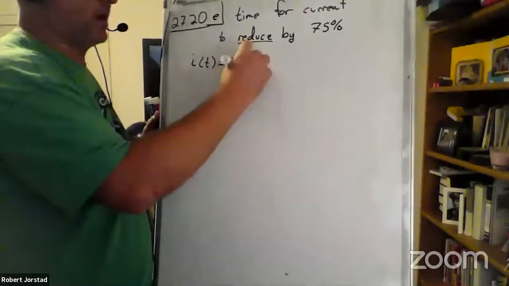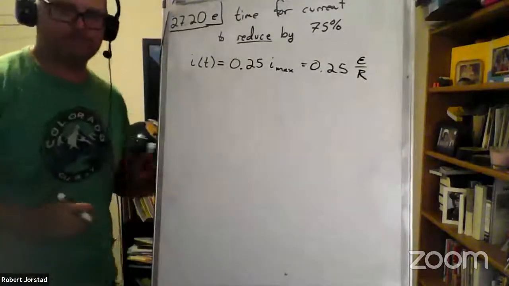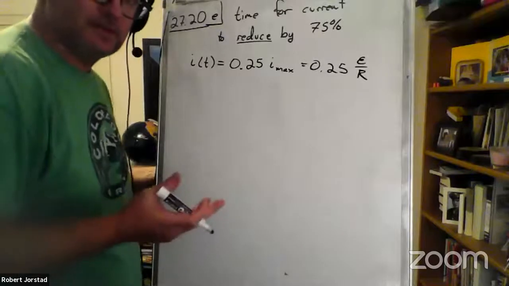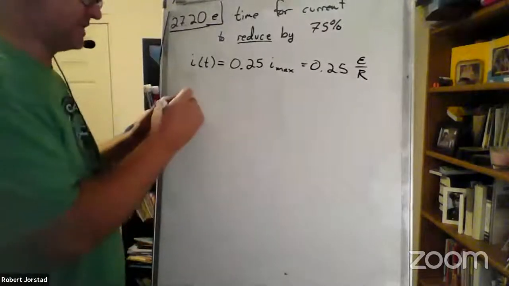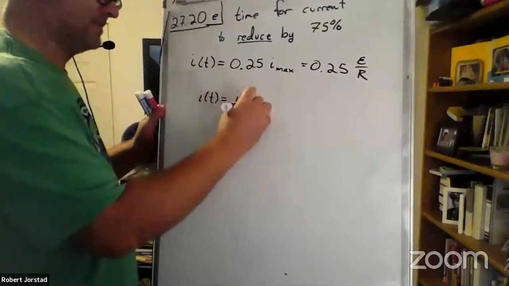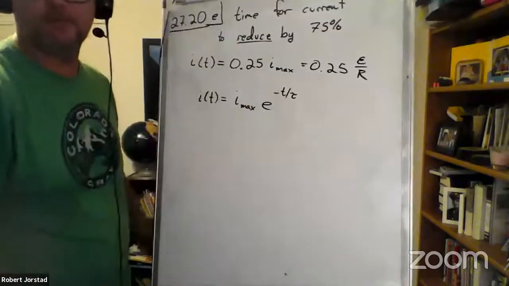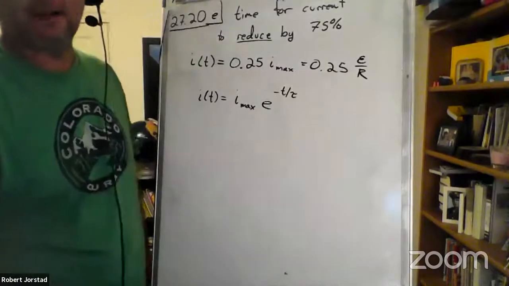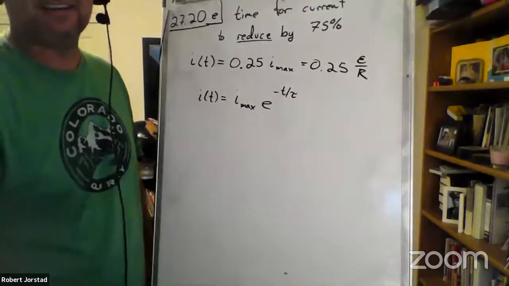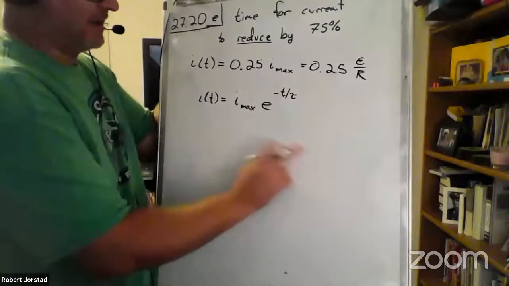So we're saying that it should be 25% of I max, which is 25% of E over R. Remember that I of t was equal to I max e to the negative t over tau. 25% of the I max.